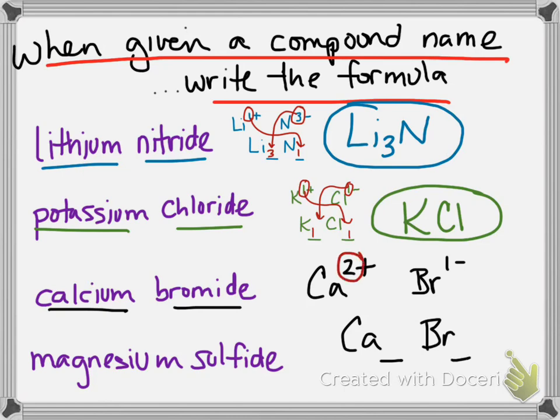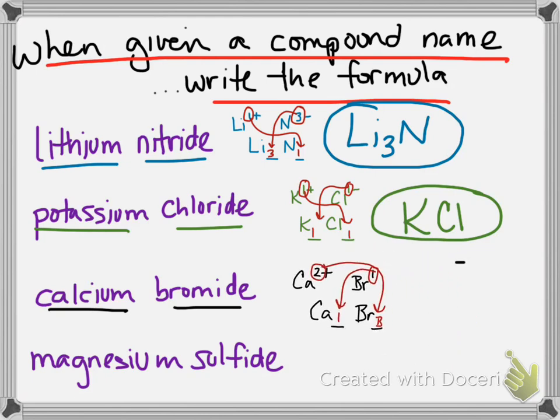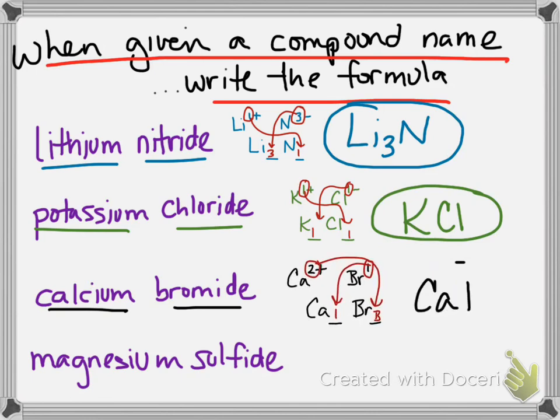I'm going to take the magnitude of the charge for each and crisscross it down here, so I have 1 and 2. Again, as I said before, we don't typically write 1s in subscripts, so I can get rid of that 1 altogether and write this as CaBr2. That's the correct formula for calcium bromide. Okay, last one.